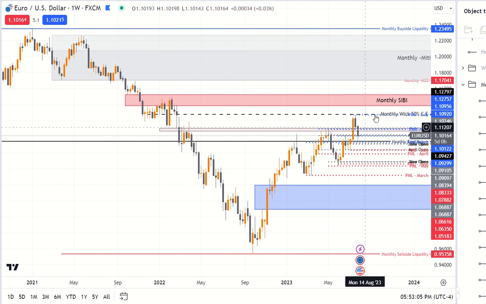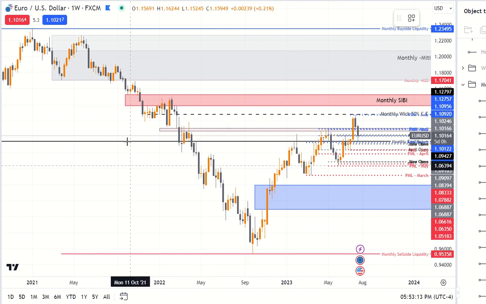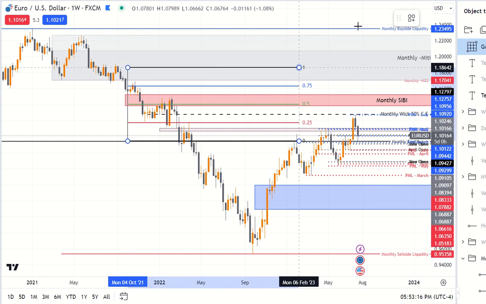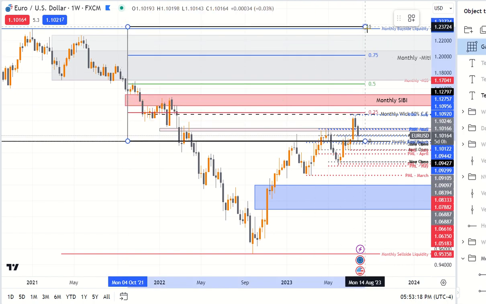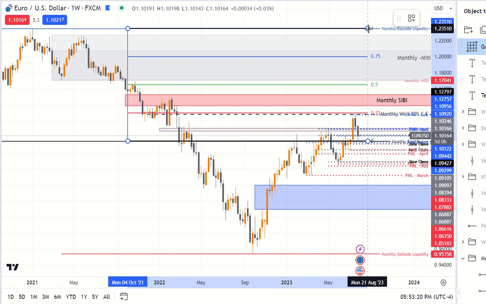We're above equilibrium into a premium, but I also want to note here that within this range, we're in the discount range. So it would be nice if we could sell down from a monthly SIBI if we were actually going down, but this is the discount range, so we could actually go down from here into a level of premium to buy.